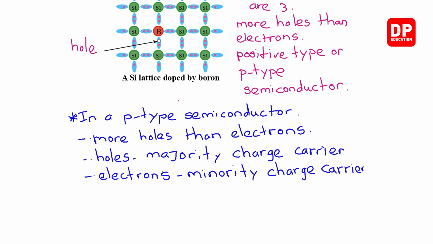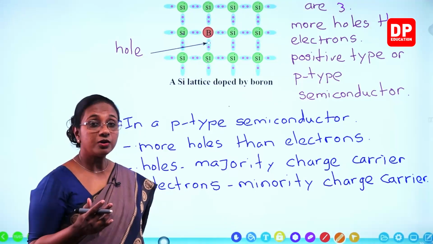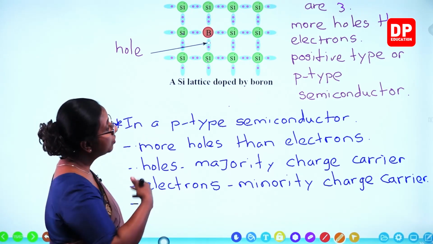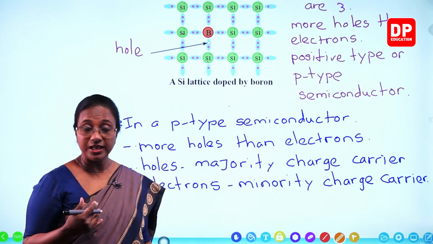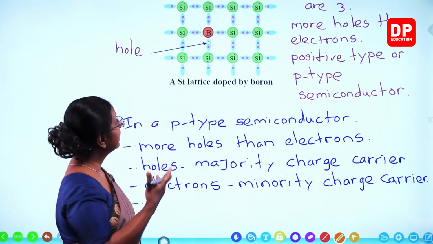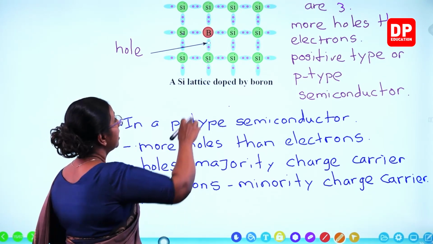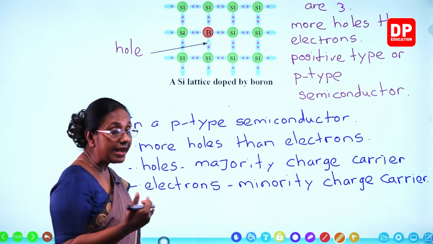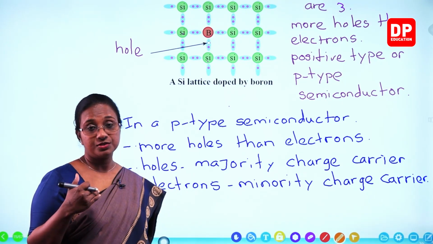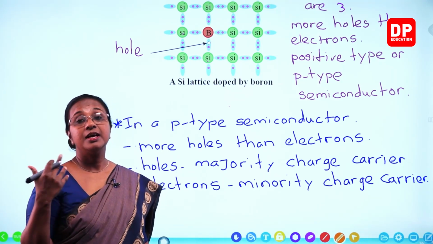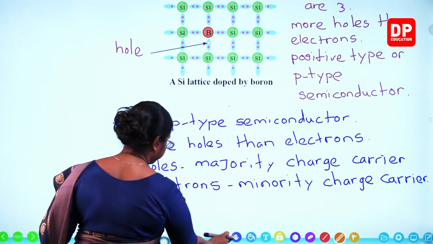And what do we call the group 3 atom? Those are called the acceptor atoms. Here they don't donate electrons. Instead, they take up electrons from the lattice. But here there is a hole that can accept electrons. So because of that, the boron is known as the acceptor atom.